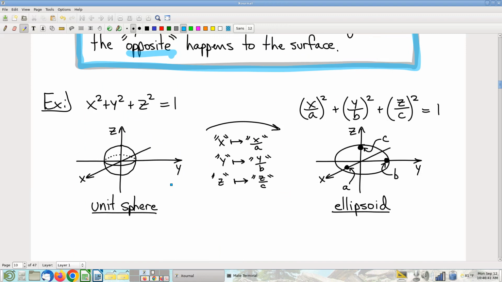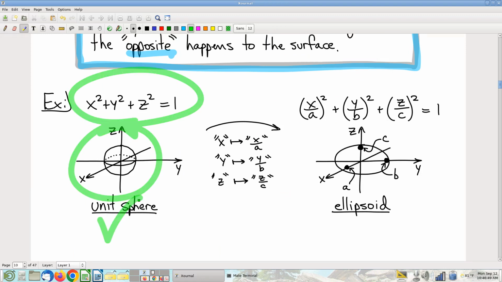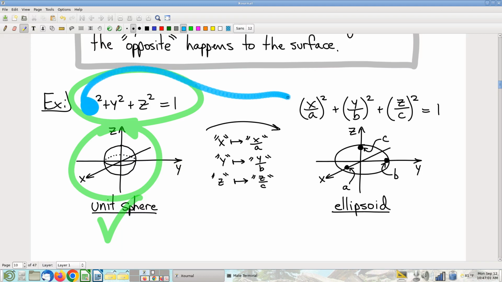I think this one is also pretty straightforward. Here is an equation we understand. It's clearly a unit sphere, distance to the origin, and all that. Now, what happens when I do these certain things? In particular, you'll notice everywhere I have an x, I'm replacing that with x divided by a.